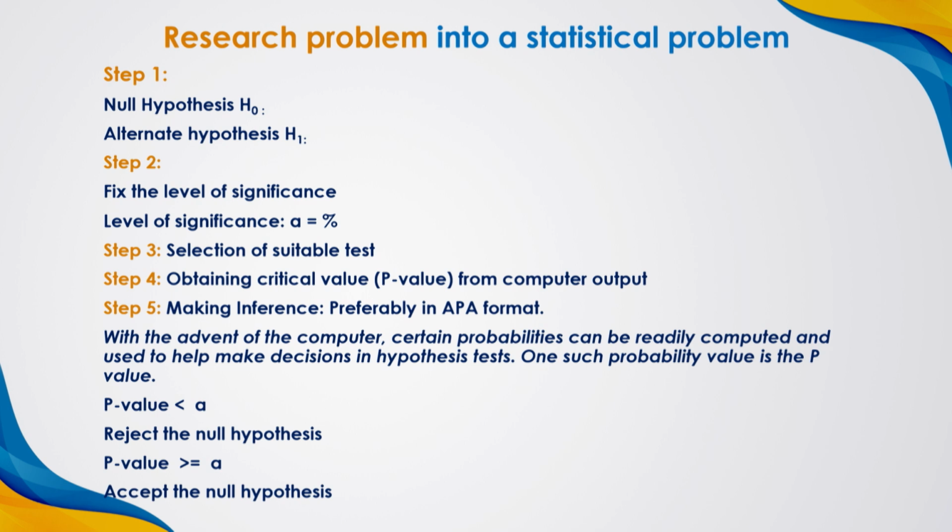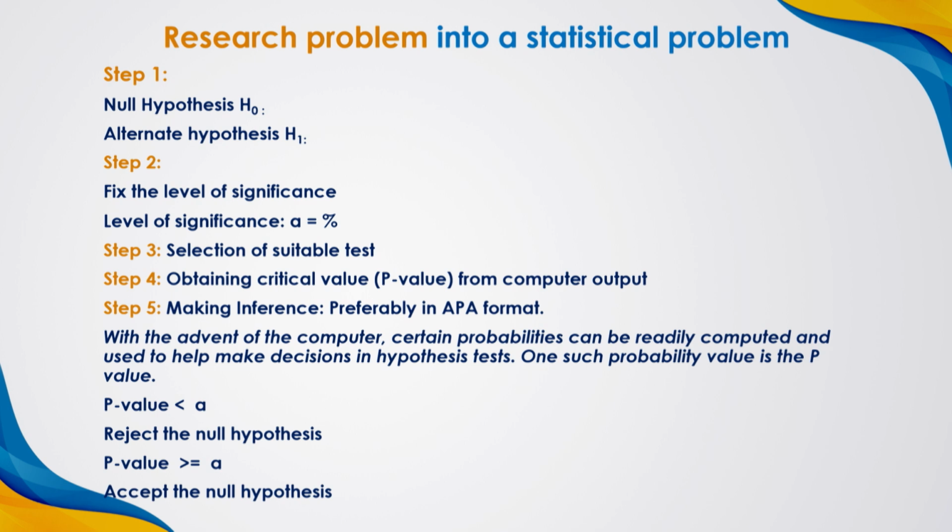Now, the p-value plays an important role. In those days nobody used the p-value because the calculation is very tedious, but nowadays the computer is helpful. Therefore, with the advent of the computer, certain probabilities can be readily computed and used to help make decisions in the hypothesis test.